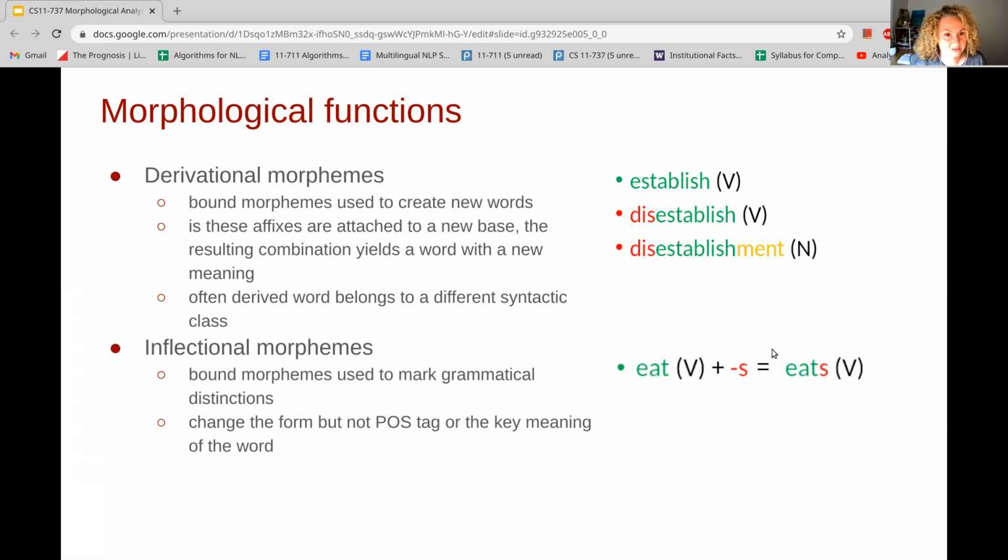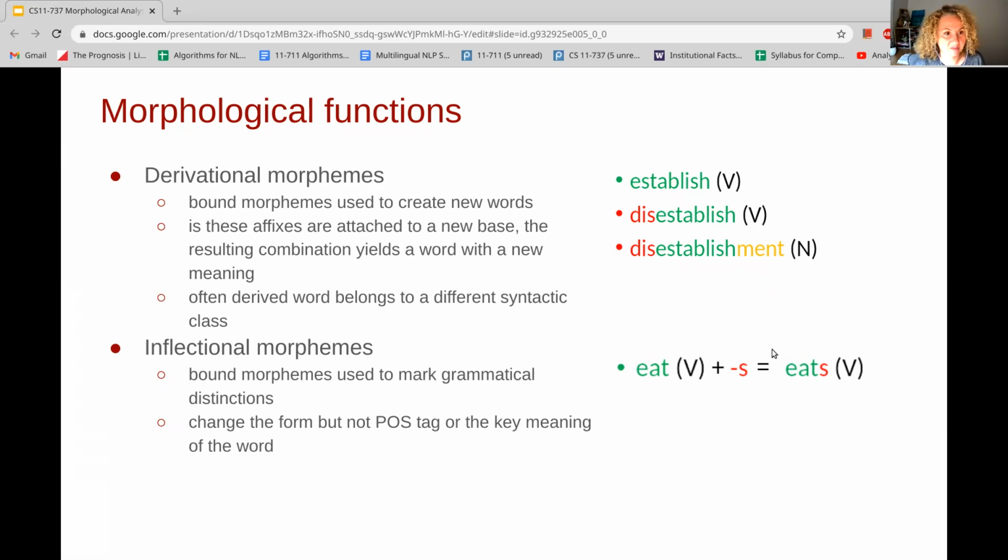Derivational morphemes, examples are on the top, are used to create new words. They change meaning. They can result in a new part of speech, but of course not always. For example, establish and disestablish. And another modification is disestablishment, when we move from the verb to noun.